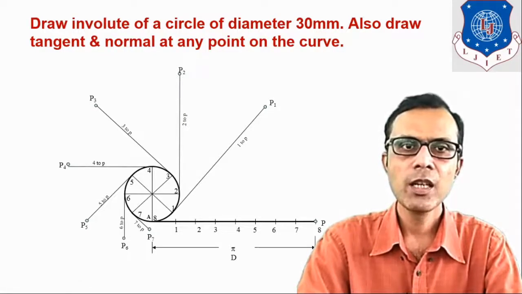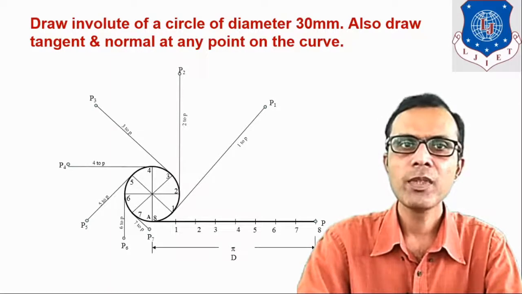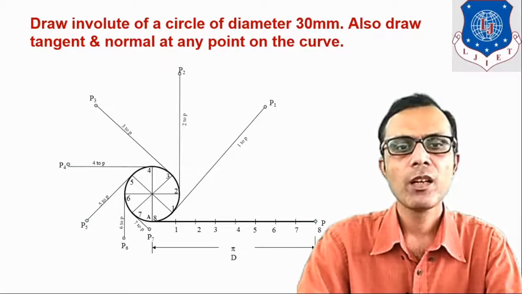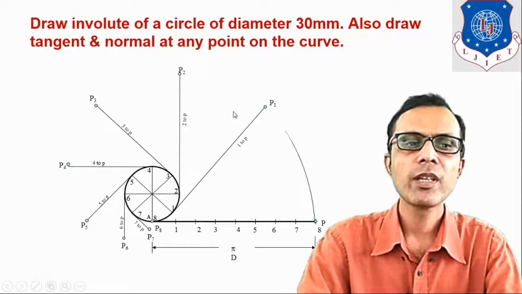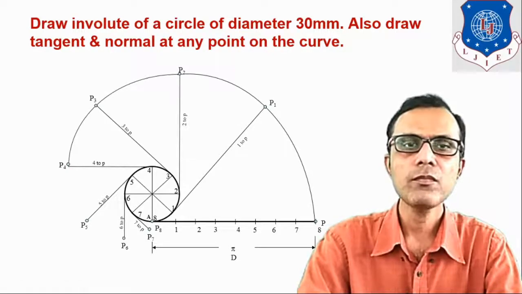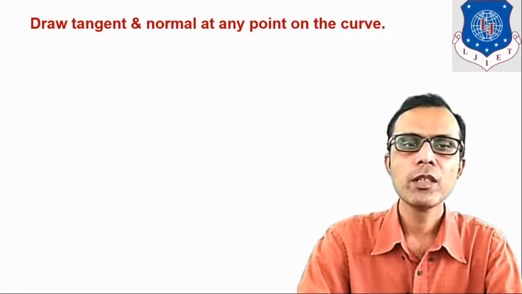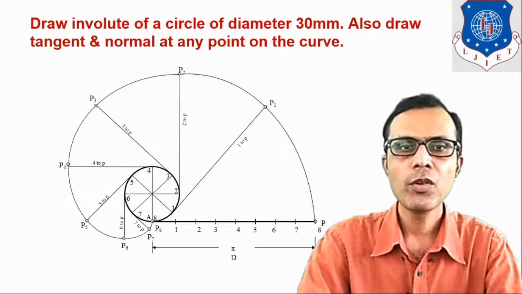So that is the final position of the end point of the string. Now we have to join all these points with a smooth freehand curve. This curve is known as the involute of a circle.